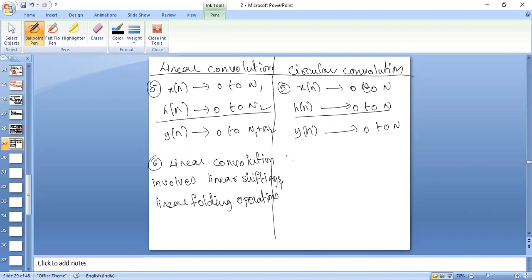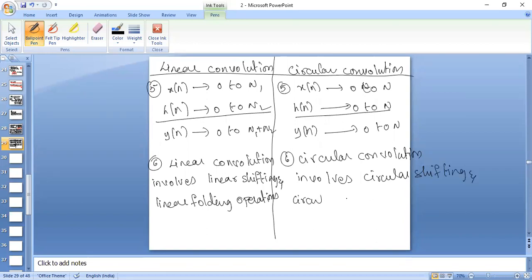And circular convolution involves circular shifting and circular folding operations.